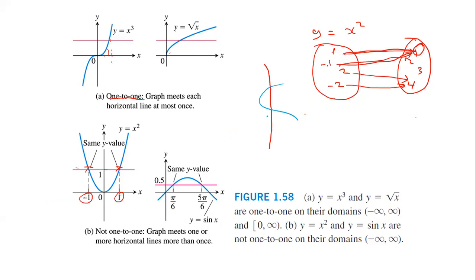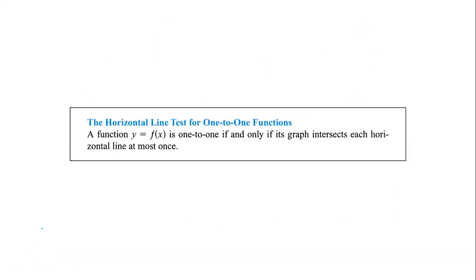So the vertical line tests whether a graph is for a function or not, and the horizontal line tests whether the function is 1-to-1 or not. Is that clear? Yes, Doctor. Good.